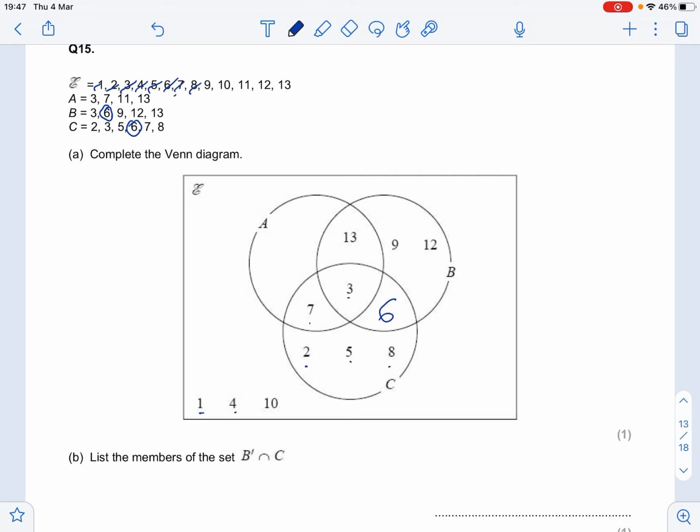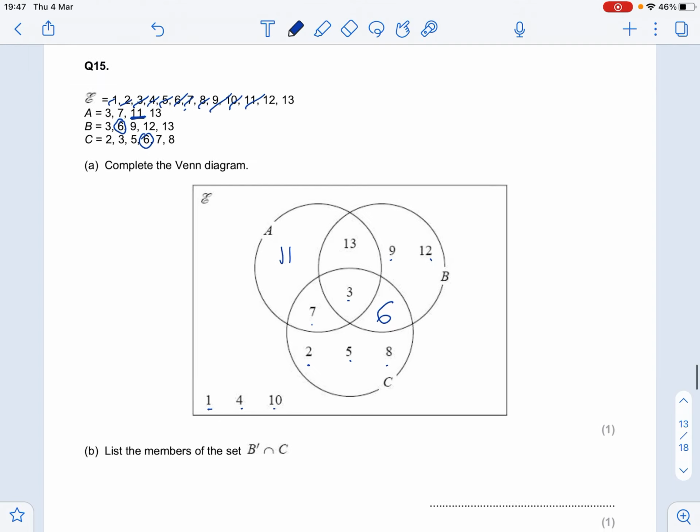I have 8. I have 9. I have 10. I don't have 11. So where do I need to put 11? 11 is only in A, so we're going to put 11 here, and I have 12 and 13. So I have filled in my Venn diagram.